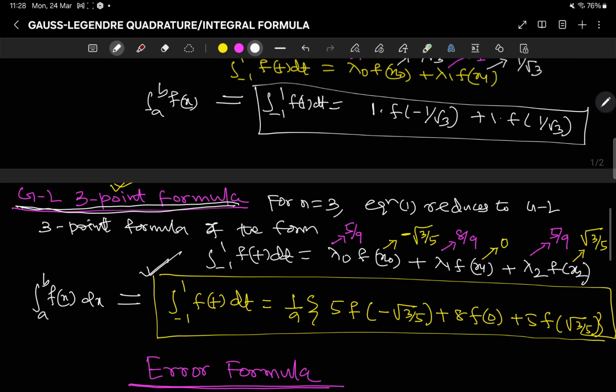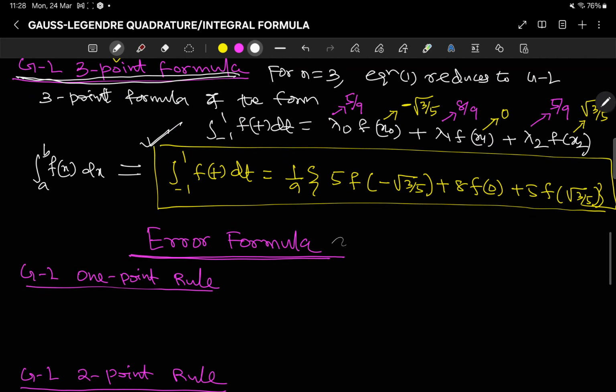Now coming to the error in all these methods. Here error is equal to the exact integral, which we know by evaluation of the definite integral, minus the numerical integral by these methods, and to avoid the negative sign we take the modulus, right?